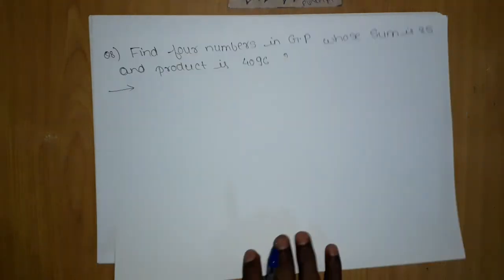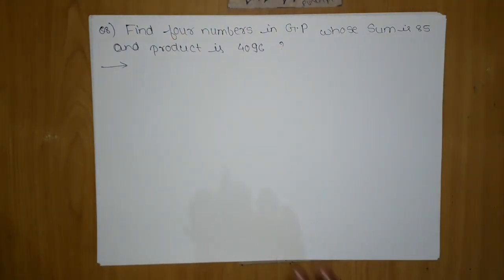Question number 8: find 4 numbers in GP whose sum is 85 and the product is 4096.